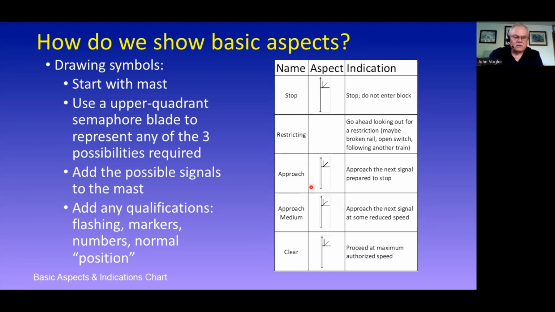We show an approach medium, which says approach the next signal at some reduced speed. What we're doing here is flashing that 45-degree aspect. We can only do this with color lights or position lights, so you can't do this with a semaphore. And then we have the clear showing with the green, with the vertical position of the blade or green light. So this is just the way we draw it on a sheet of paper that can easily be copied. This is long before there were color copiers out.